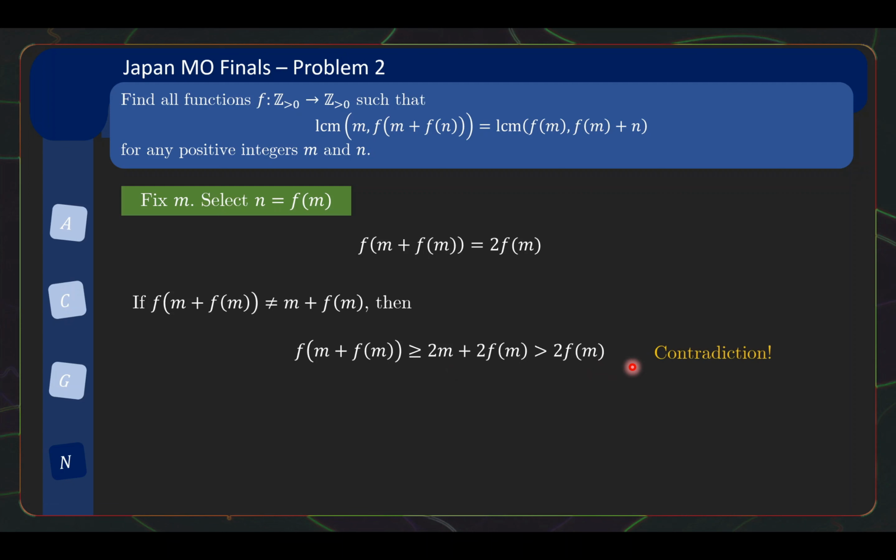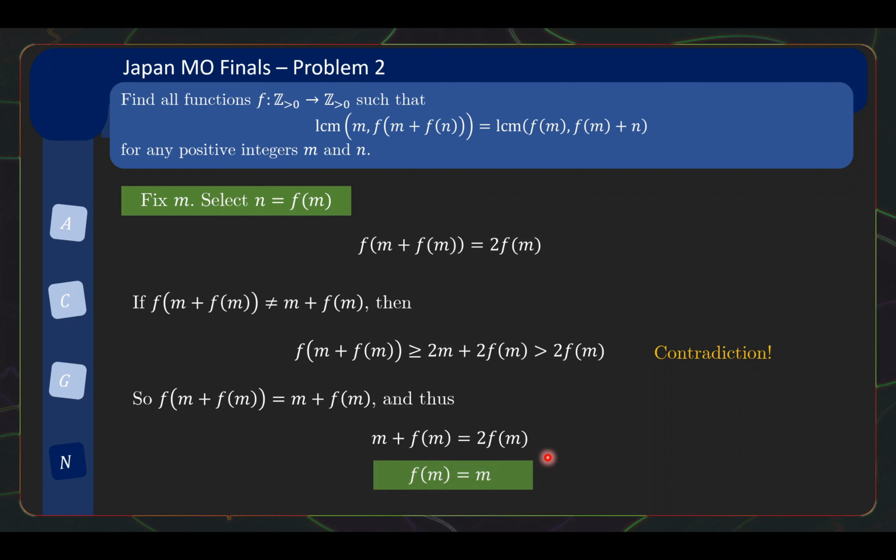So again, we get a contradiction. So f of this thing must equal the thing itself. So very nice. And now if we plug this into the left hand side, we basically get m plus fm equals fm, which simplifies to fm equals m. And we can perform this proof independently for each fixed m. So this actually holds for all m. And we have checked at the start that this is indeed a valid solution.